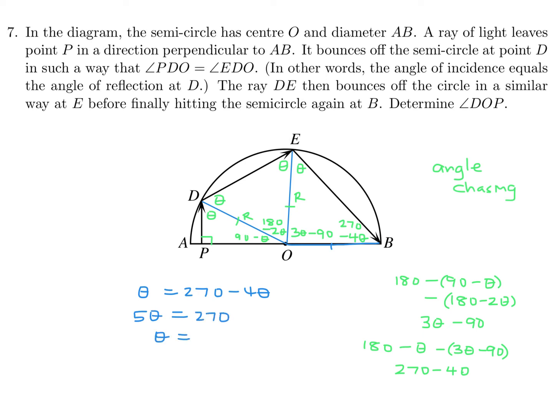Theta would be 270 divided by 5, which is 54. Okay, great. And what do they want? Determine DOP. Angle DOP is 90 minus theta. So that's 90 minus 54, which is 36. 36 degrees is the angle DOP.